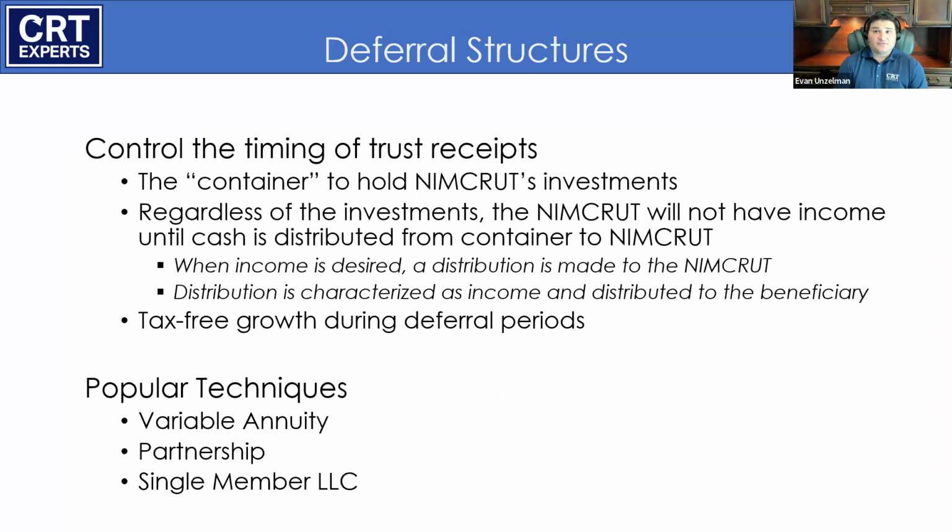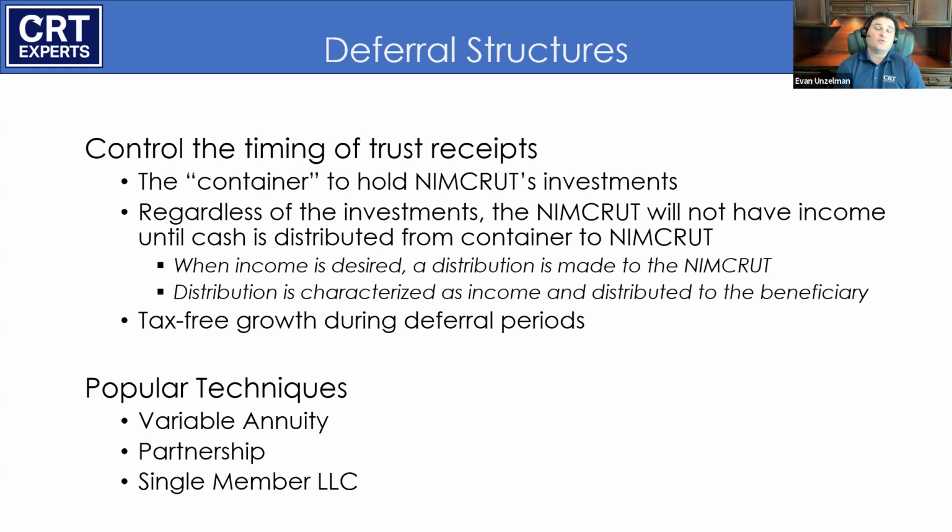So with a plain vanilla CRT, let's first think about a NIMCRUT that doesn't have any structure for deferral. That would mean the NIMCRUT would just invest in a mixed portfolio of stocks, bonds, and funds, and then any interest, dividends, or realized gain would have to be distributed as it's triggered. So we don't want that. What we need, again, is what's often called a container to hold the investments of the NIMCRUT.